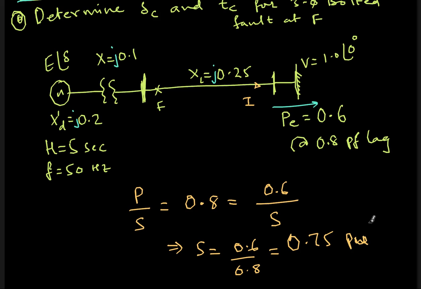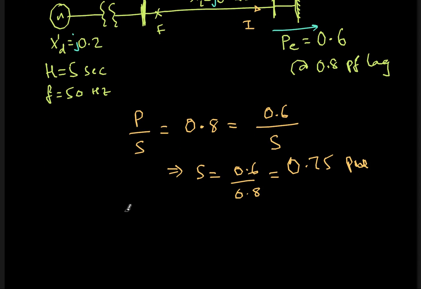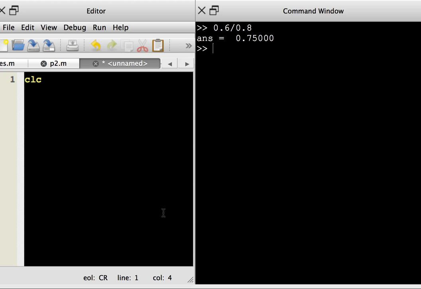Now what is the reactive power Q? Q will be the square root of S square minus P square. There are other ways to find it, but I'll just use that. So the square root of 0.75 square minus 0.6 square gives me the reactive power, that is 0.45.